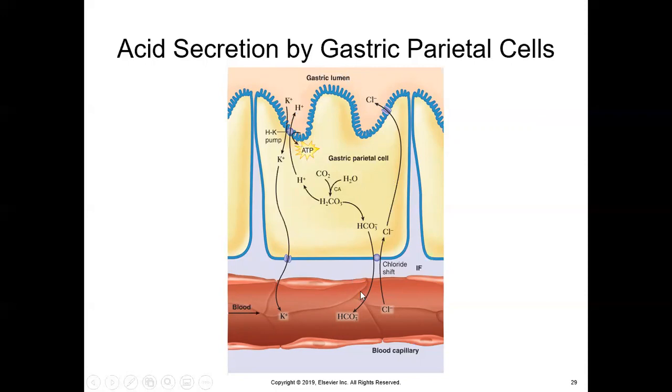Okay. All right, and the ATP here just says that this pump is pumping against its concentration gradients, against the hydrogen ion concentration gradient and against the potassium concentration gradient. So you need a form of energy to pump against the concentration gradient, and that energy comes in the form of ATP.